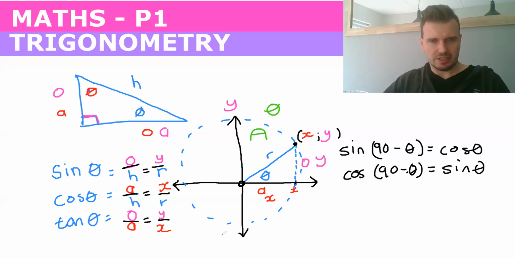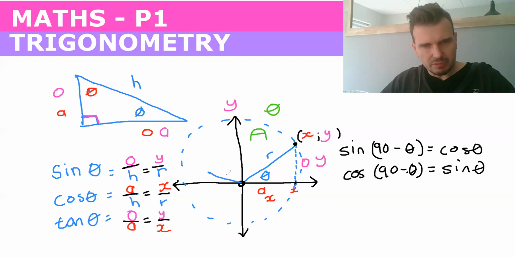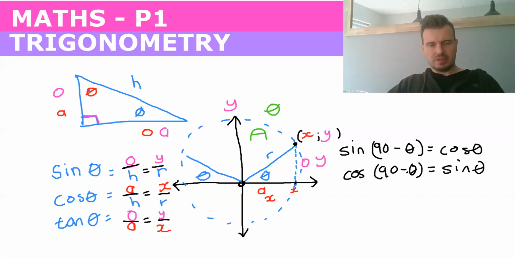Now say the theta was in the second quadrant, and it was the same here. So if we were to find this angle here, it's 180 minus theta. So in this quadrant, we just have to remember 180 minus theta.